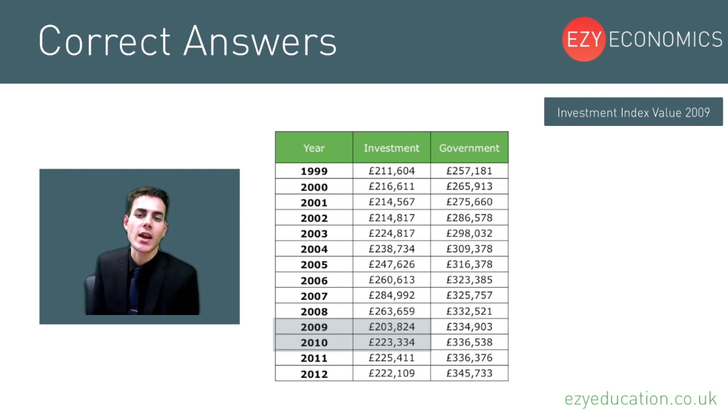The first statement we had was the investment index value for 2009. So basically what we want to consider is how we calculate the investment index number for 2009.